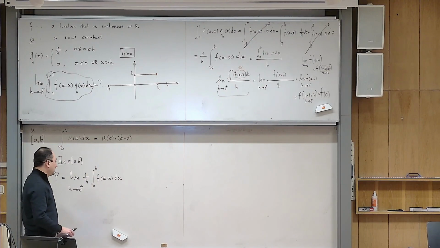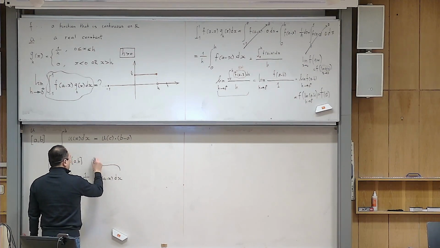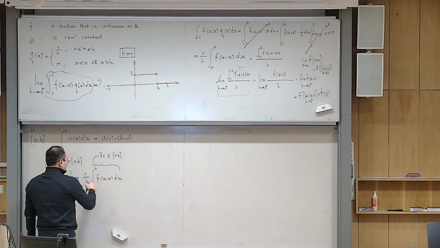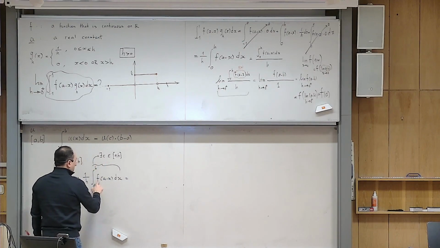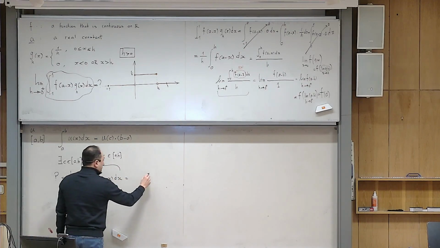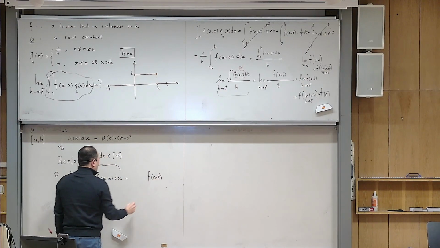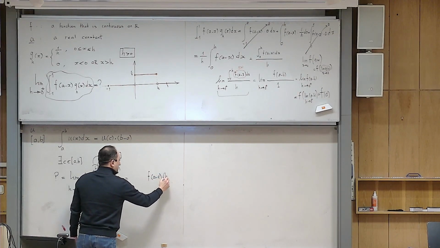So I can apply the integral theorem that I mentioned to say that there exists a c in the closed interval from 0 to h, such that the value of this integral is f of a minus c, times the length of the interval, which is h minus 0.